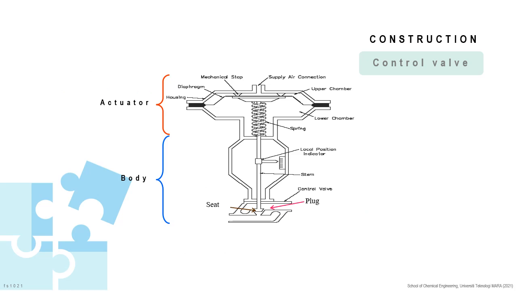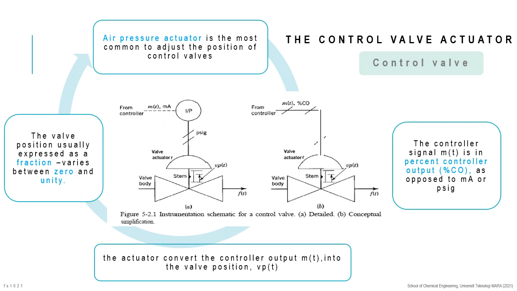The instrumentation schematic of control valve presented in the slide consists of the actuator and body. The actuator is the means of adjusting the position of the control valve, and the most common actuator is the air pressure actuator. The air pressure actuator is the most common type found in industries due to its high reliability and low maintenance requirement of air.